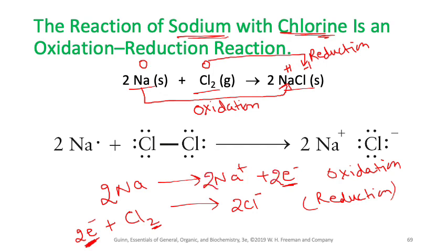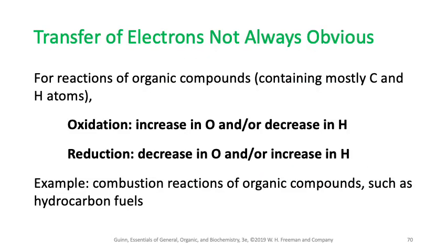If you have 2 sodium atoms, that's how you get 2 electrons, and these 2 electrons are going to be utilized by the chlorine gas to convert from a neutral molecule to an ion form, chloride ion, right? And now you're going to make 2 molecules of NaCl, 2 NaCl, right? So this is the form of oxidation reduction reaction.